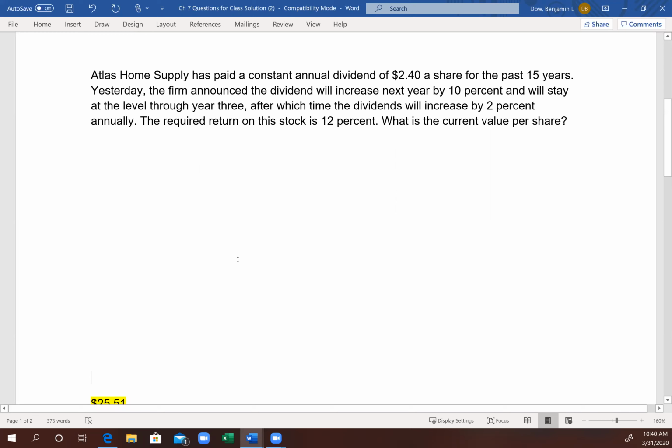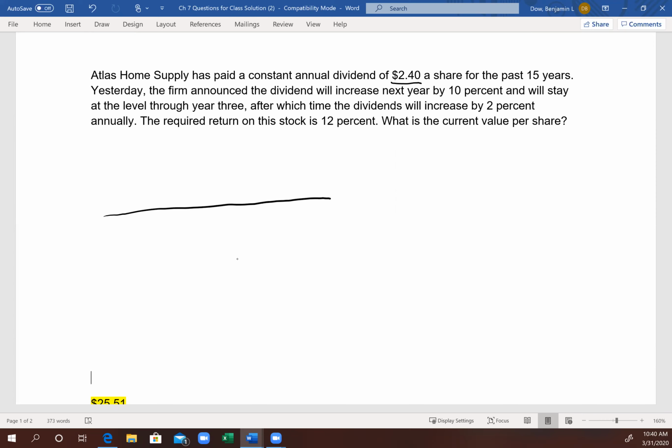All right, Atlas Home Supply paid a constant dividend of $2.40 a share for the past 15 years. So that's what the dividend's been for the last few years. It wants to increase its dividend by 10% and stay there through year 3.